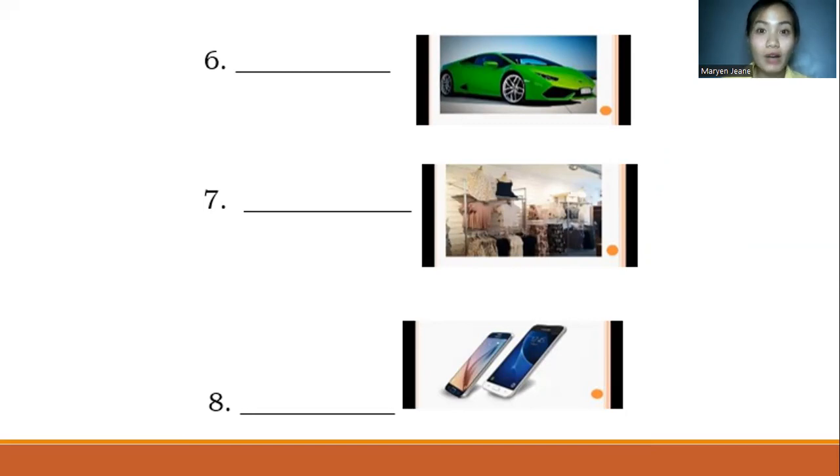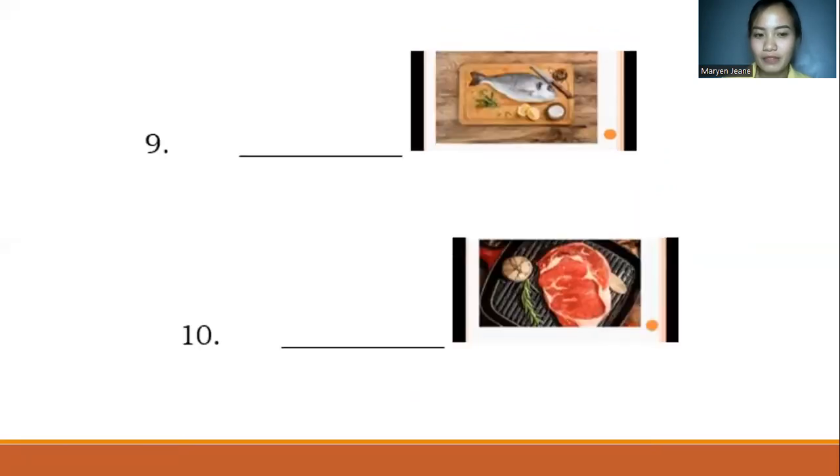Is it a want or a need? Number 9, the picture shows a fish. Is it a want or a need? And number 10, the picture shows a part of a meat. Is it a want or a need? You may now start answering. Remember to write the correct spelling.